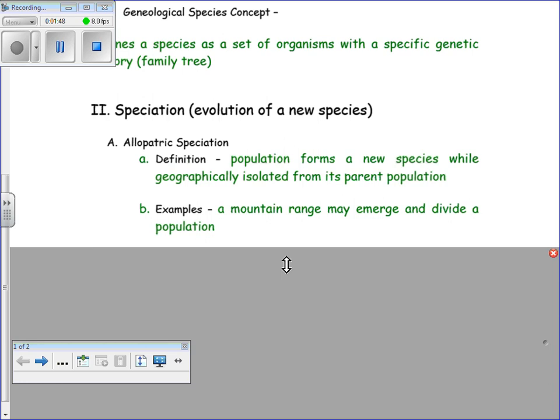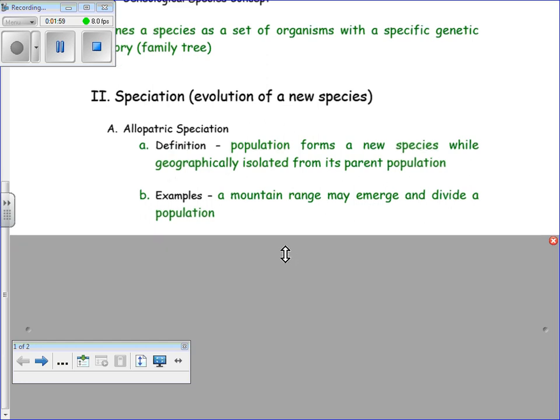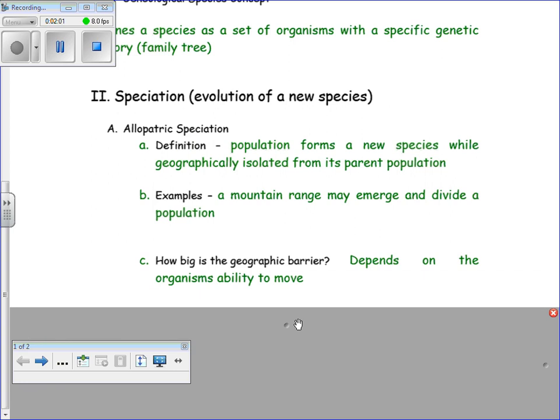And then I have here the mountain range as an example. That's not something that's going to pop up really quickly, so this is something that takes place over a really long period of time. The barrier doesn't have to be that big, but if you're talking about a population of ants, then a small stream might be a barrier big enough to separate the two populations.